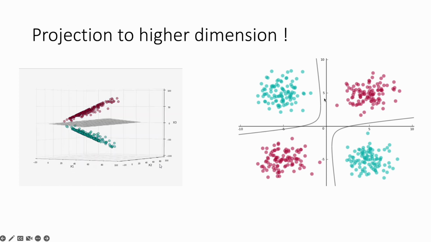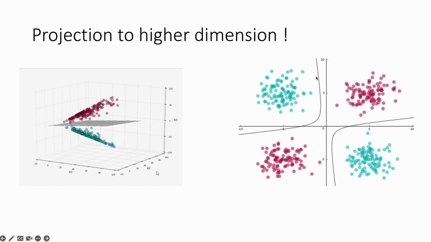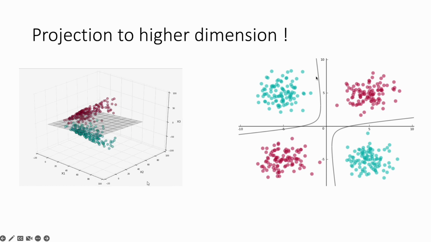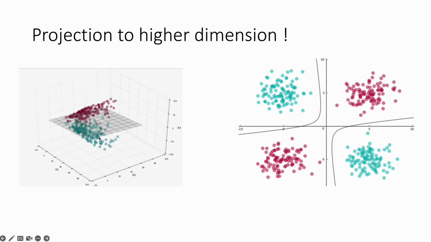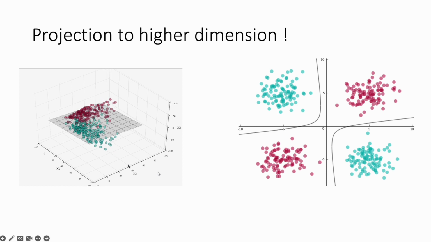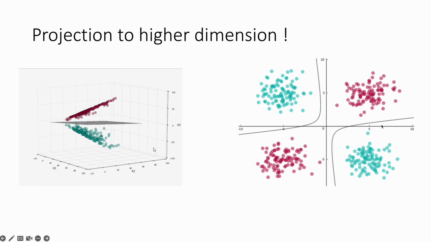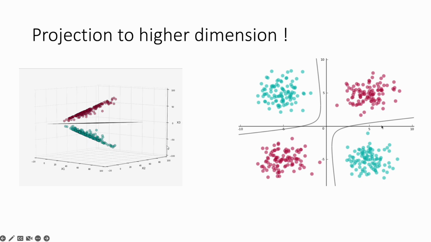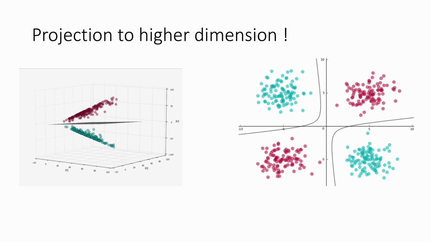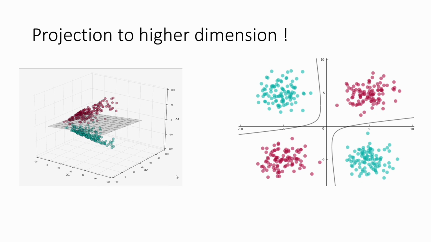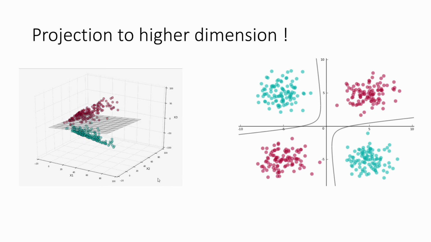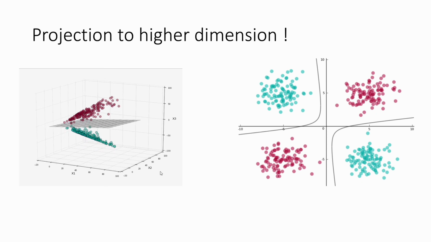It will all be curvy. It will not remain linear in a 2-dimensional space, right? So when this is transported back into 2 dimensions, it will look like this over here. But what the support vector classifier or support vector machine cares about is that it is transforming it into a higher dimension.